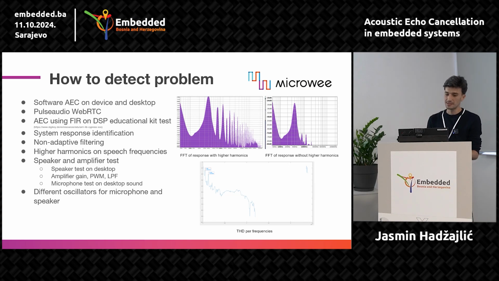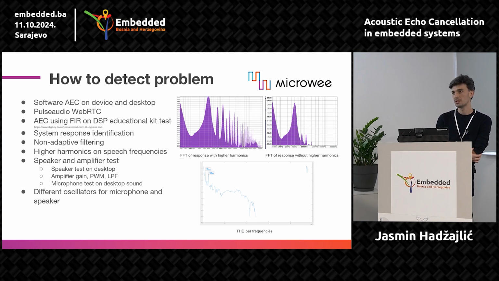After we detected the problem, we wanted to record some data on the device, copy it to a desktop machine, and then try to process it. First, we tried a GitHub repository with several adaptive filters to cancel echo, but that didn't work.